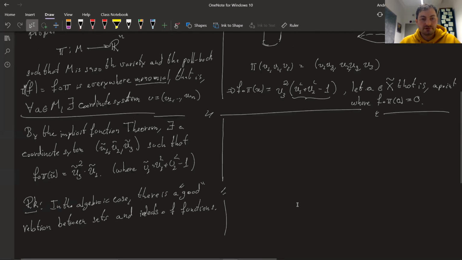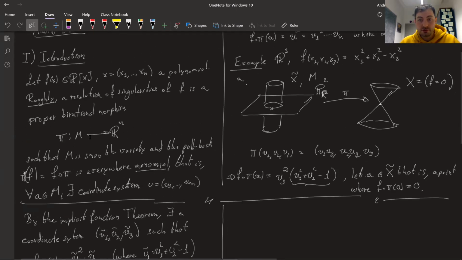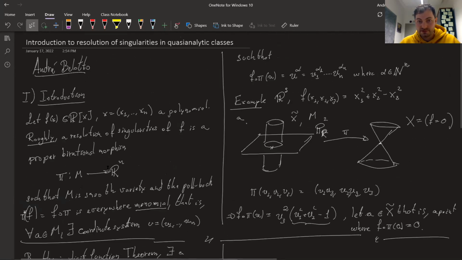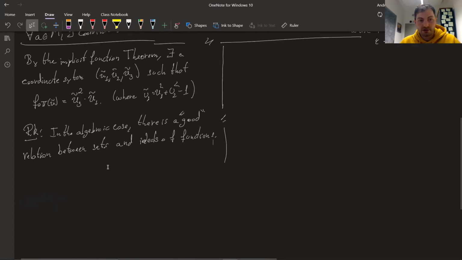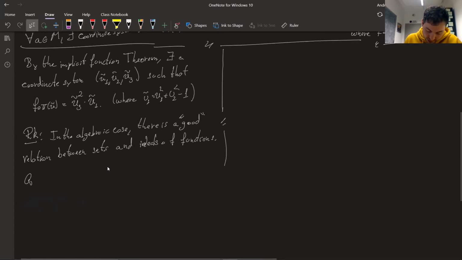And in the history of resolution of singularities in the algebraic case, we normally ask much more about isomorphism. But the overarching idea, or goal, is to find a good parameterization. By good, we have to be precise.